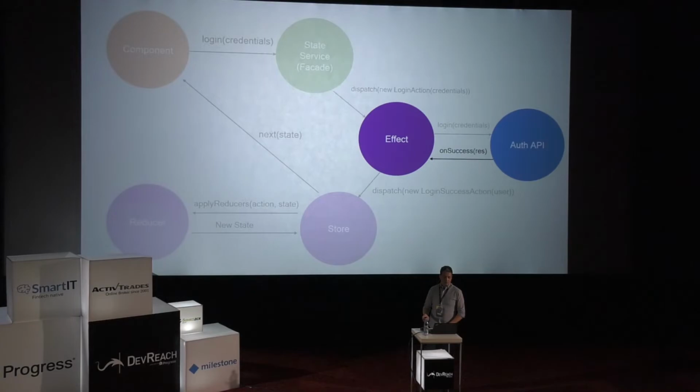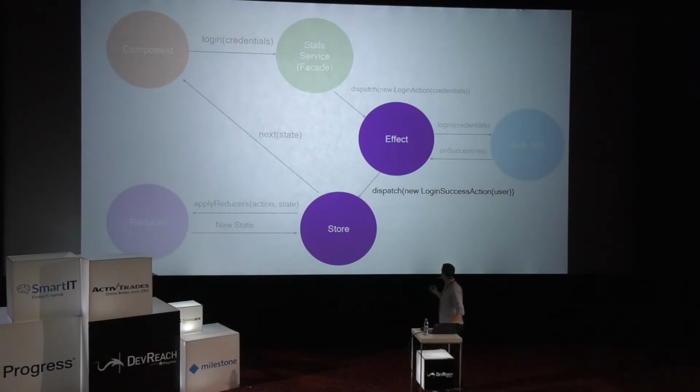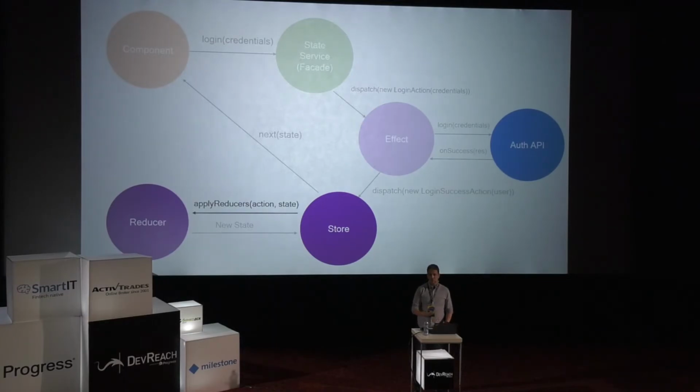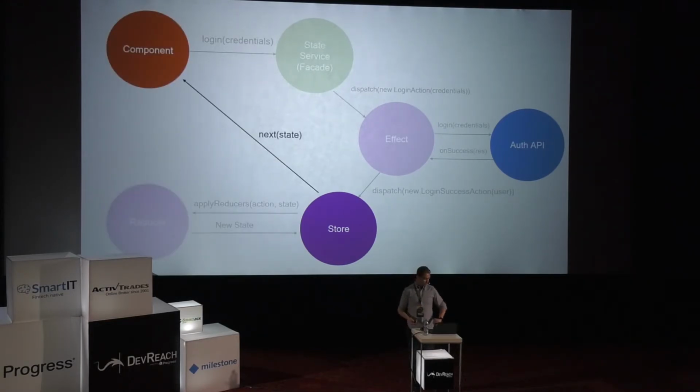And when we get the response, we go back, and our effect dispatches a new action, which we'll call login success, for example, and has the payload with the user data. And this action is dispatched to the store, and then the store knows how to update by applying the reducers, updating the state, and notifying the components. So in short terms, that's how it looks.